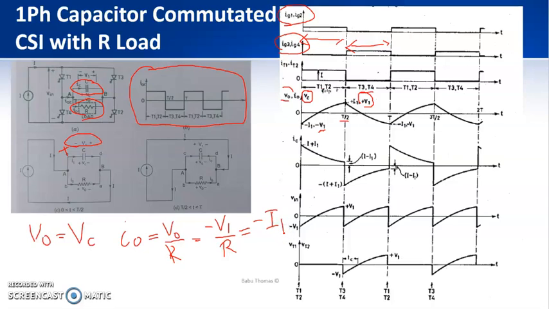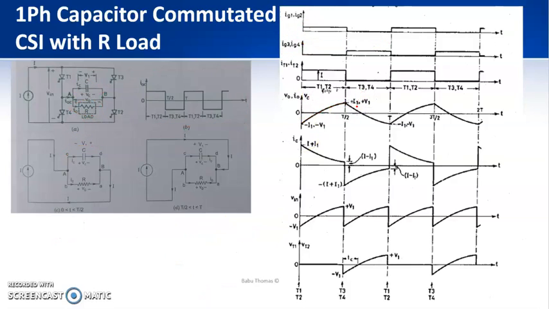And when it reaches T by 2, the voltage has reached plus V1, and therefore the current I0 is V1 by R, which is I1. The current will also follow the same way in which the output voltage is going. So that is this waveform. First it was minus I1 and then it was plus I1.